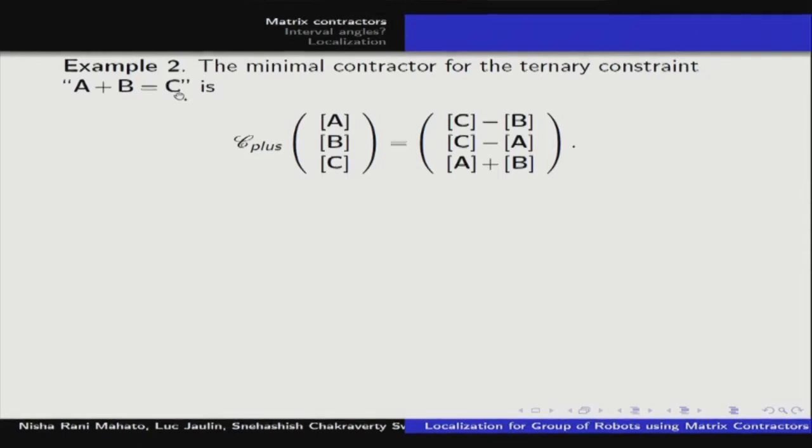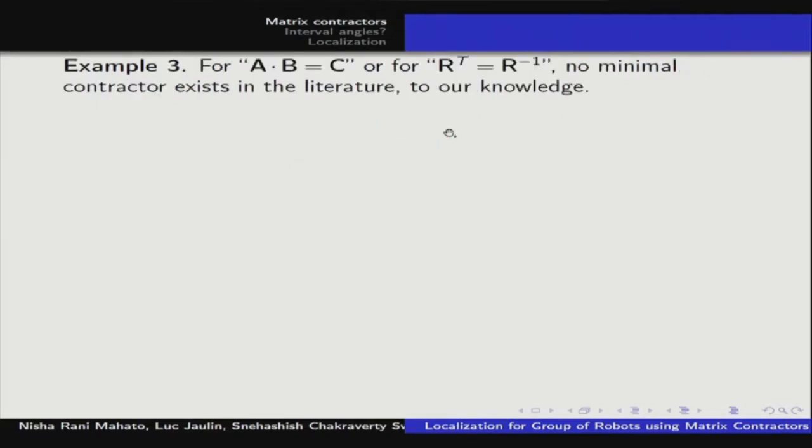It was a simple example, but we can do this for other matrix constraints, such as A plus B equal to C. The corresponding minimal matrix contractor is this one. I also have other important constraints, such as the multiplication, which is a ternary constraint because A, B, and C are involved, or the unary constraint which says that R is a rotation matrix.